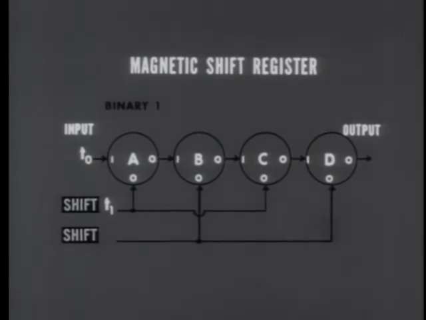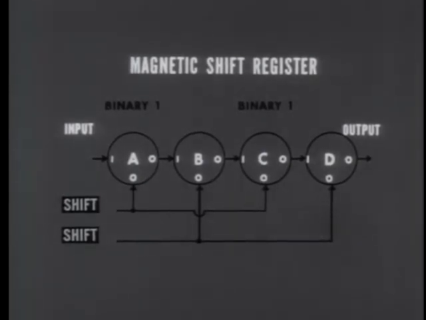The first shift pulse at time T1 moves the bit to core B, and the second shift pulse at time T2 advances it to core C. We now have one bit stored in the register, and we can store another one by applying an input pulse to core A again. The capacity of this particular 4-core register is 2 bits. But there are registers that can hold as many as 50 bits or more at a time.